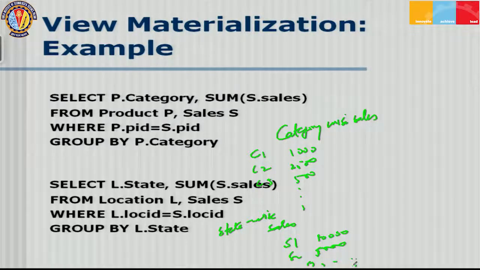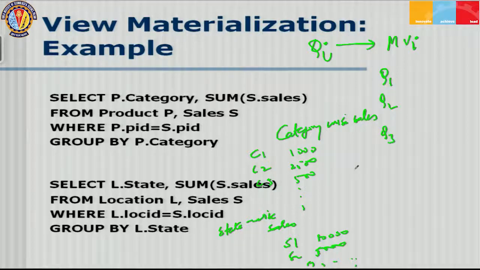So these are two queries that I want to execute, or you can say important, frequently asked queries. Now, as I told you, it is not possible for every query Qi on my database to have a corresponding materialized view. So suppose I have some queries, Q1, Q2, Q3, and so on up to Qn.